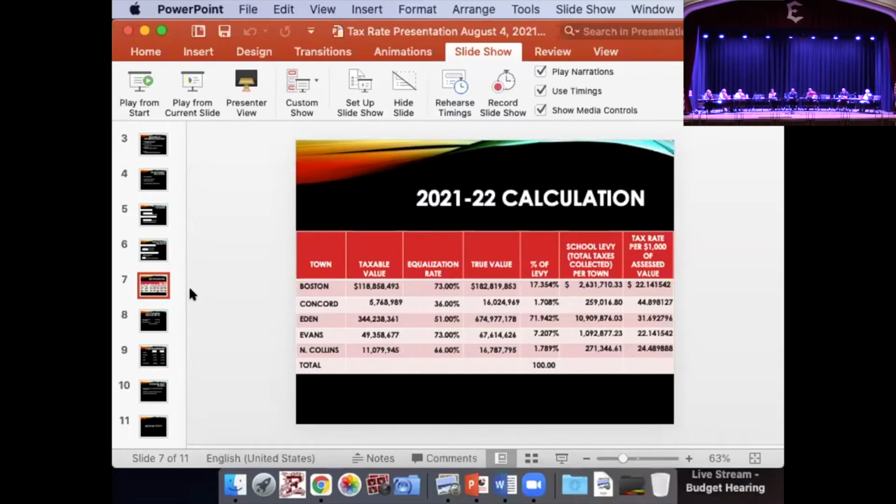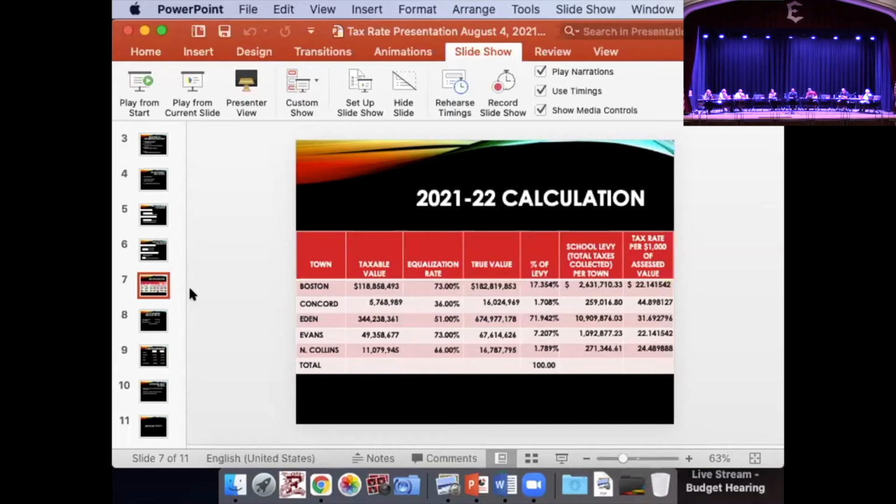So as you can see, the town of Eden has $344,238,361 of taxable value before the equalization rate of 51% applied, which means the true value, perceived market value, is $674,977,178. The percentage of the levy that the town of Eden taxpayers pay is 71.942%.